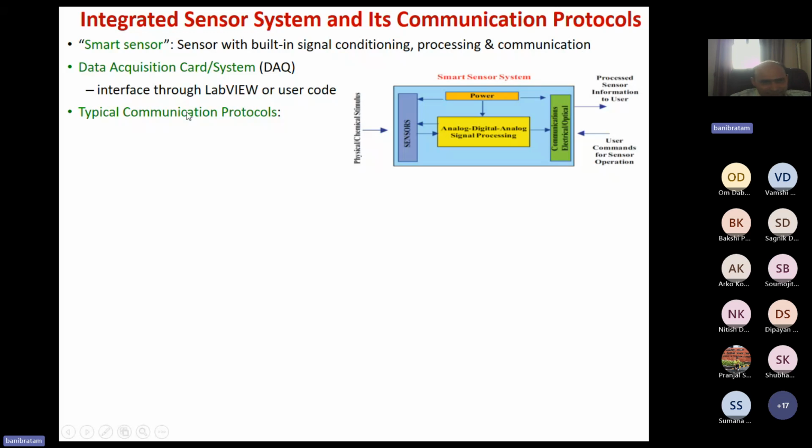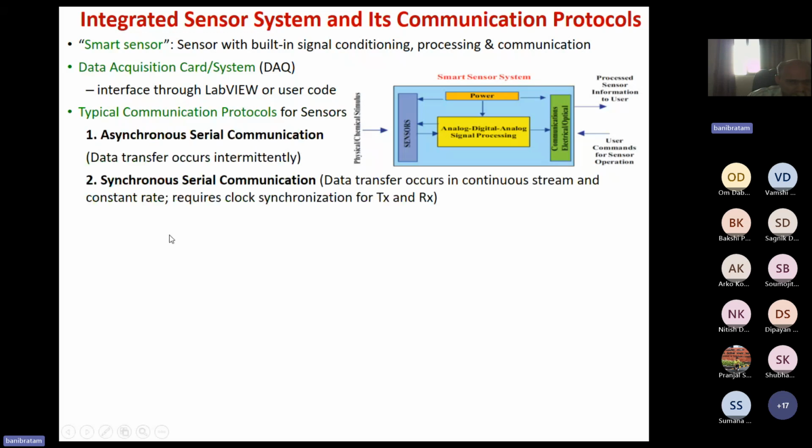But data acquisition is not very popular for smart sensor systems. We should have some other kind of communication protocol which is integrated in the sensor IC itself. So in that regard, let us look at what kinds of communication protocols there are. The first communication protocol is known as asynchronous serial communication. Asynchronous means there will not be any synchronization, and synchronization usually refers to a clock.